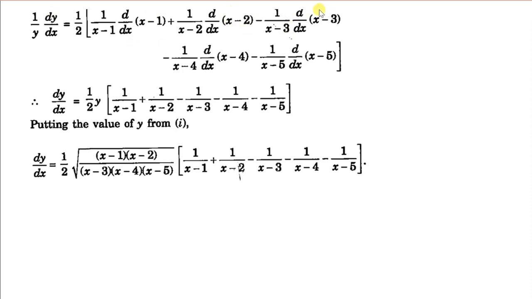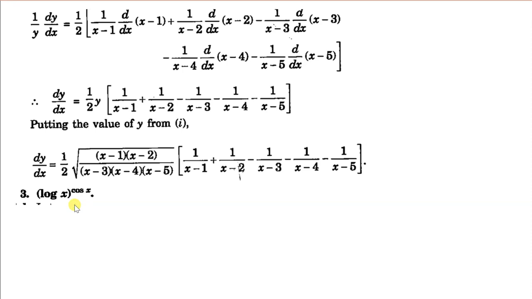Here also it is 1. Here also 1. In all the terms it is 1. So we get dy by dx equal to y by 2, y transposed, multiplied by 1 upon (x minus 1) plus 1 upon (x minus 2) and so on. Then substitute the value of y and we get the result.